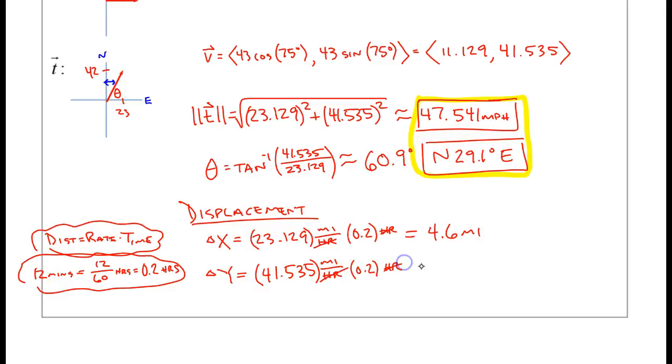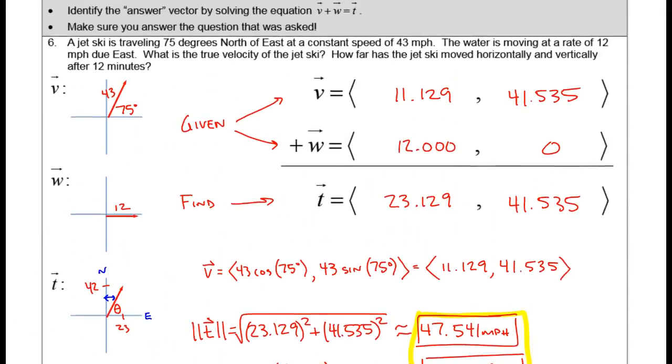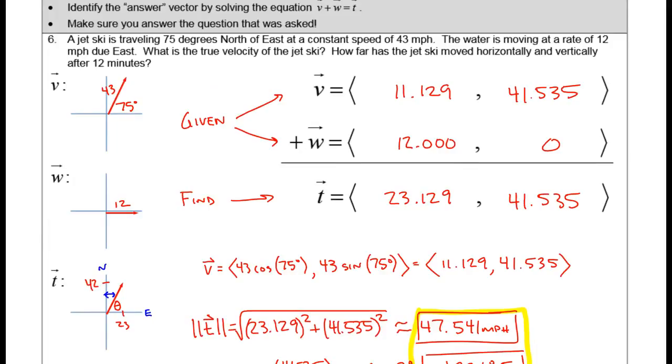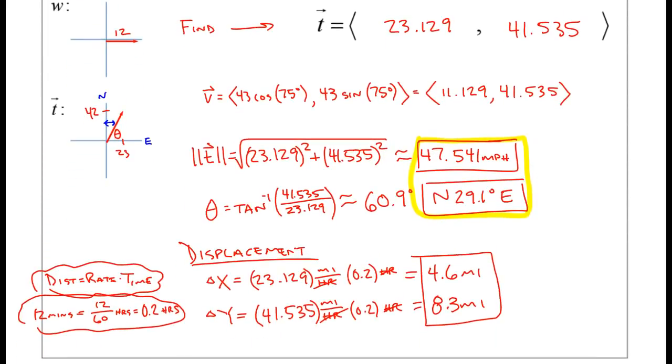My hours cancel, and I'm left with a quantity of 8.3 miles. So after 12 minutes, the jet ski travels a total of 4.6 miles in the horizontal direction and 8.3 miles in the vertical direction, or east and north if we're going back to the cardinal directions. Okay, so I think we've completely answered that question. That's great. We're ready to move on to 2 more examples.